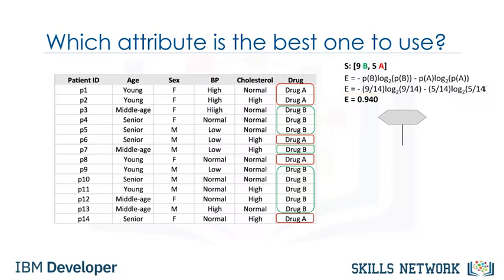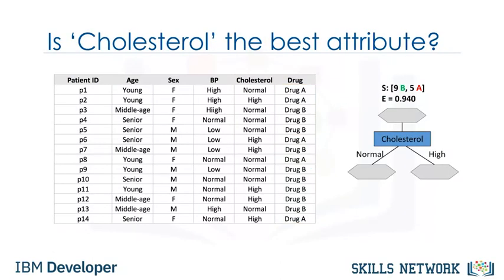So, what is entropy after splitting? Now we can test different attributes to find the one with the most predictiveness, which results in 2 more pure branches. Let's first select the cholesterol of the patient and see how the data gets split based on its values.